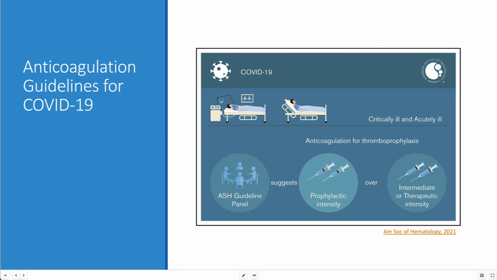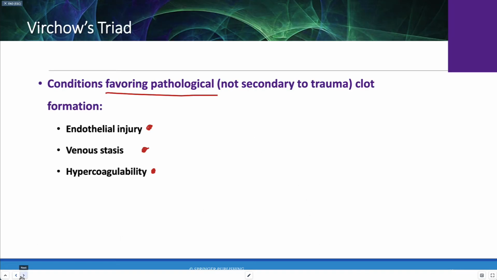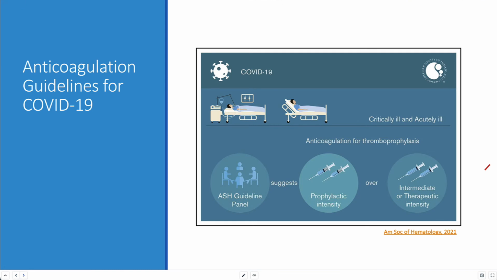So I thought I'd put the guidelines for COVID-19 up here, and I'll let you look at them. The guideline for critically ill and acutely ill adults that were written in 2021, and again, you can access that right here, say that we should use prophylactic intensity anticoagulation.